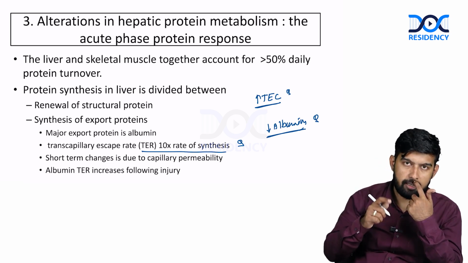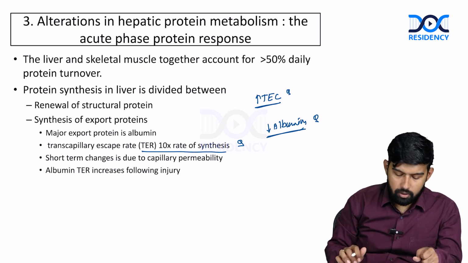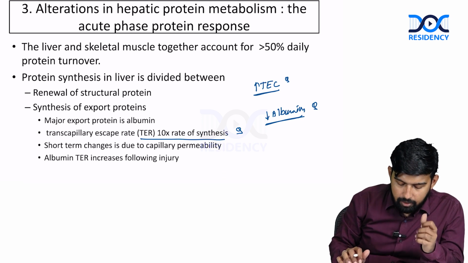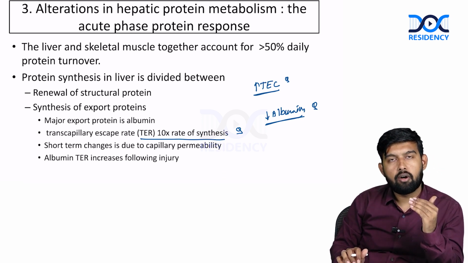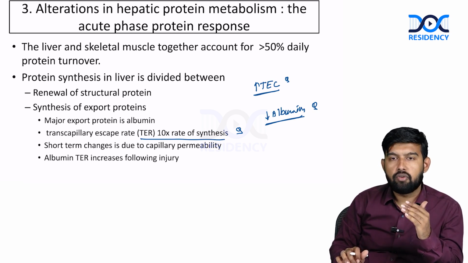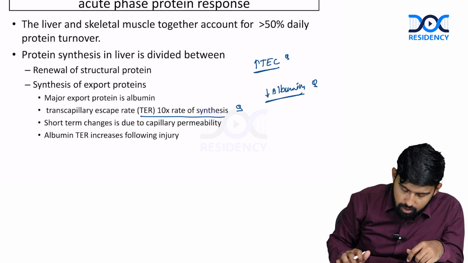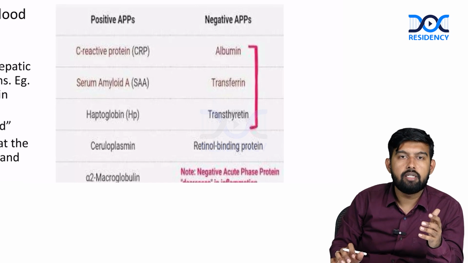So, albumin is considered a negative acute phase protein. There is a decrease in the concentration of albumin after a trauma or injury. So, let's see what are the negative and positive acute phase proteins.